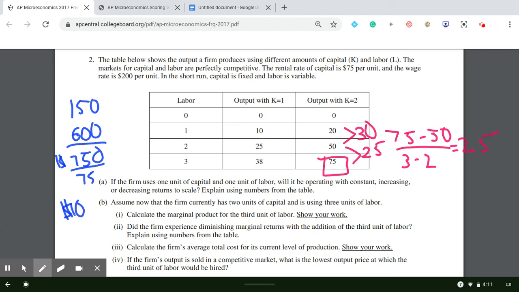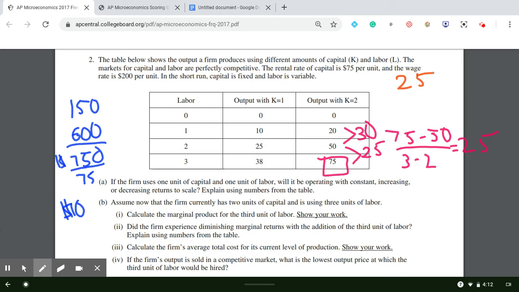If the firm's output is sold in a competitive market, what is the lowest output price at which the third unit of labor would be hired? Okay, so the third unit of labor adds 25. They produce 25.